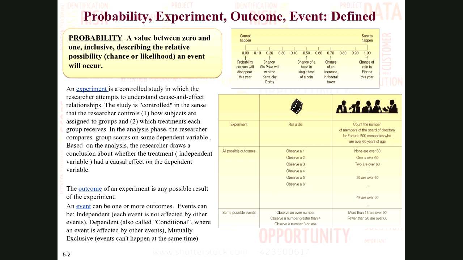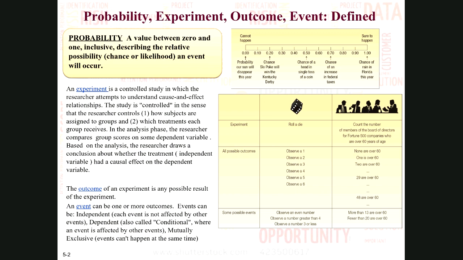So here's an example. The experiment: rolling a die, or counting the number of members of the board of directors for Fortune 500 companies who are over 60 years of age. The possible outcomes of rolling a die, there are 6 possible outcomes. That's your total.